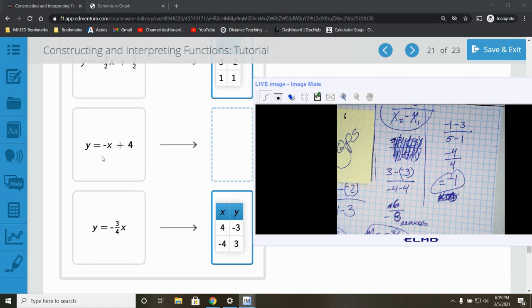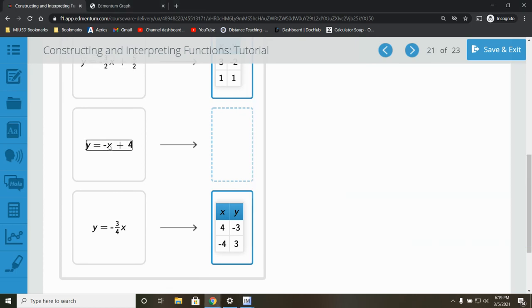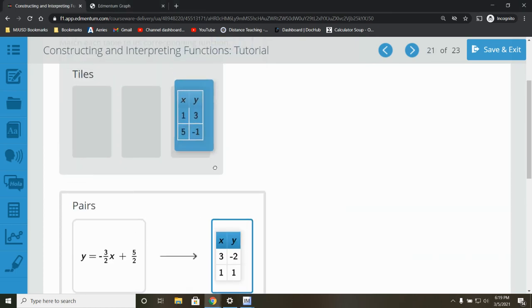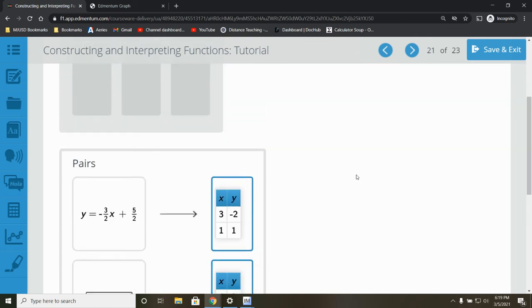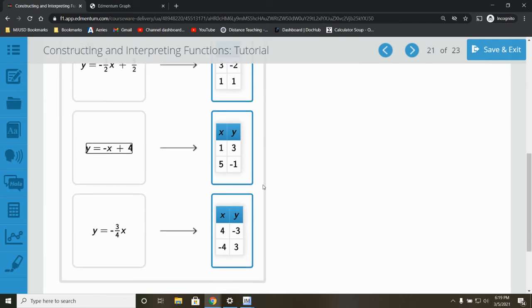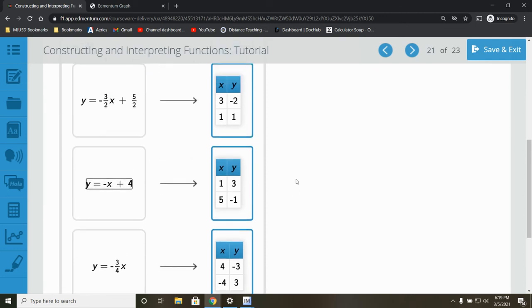So we just leave it as negative x. So that's how we got that one. And this isn't on your guided notes, but this is exactly the steps that go into solving one of these problems. All right, moving on.